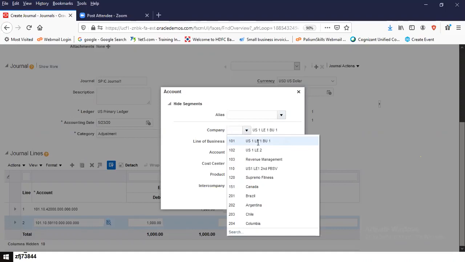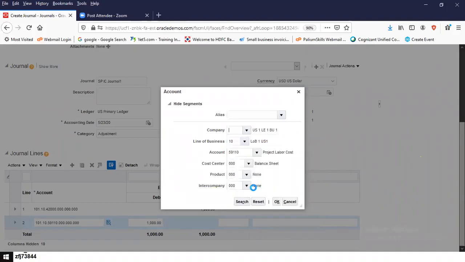Like the other example you were talking about, Oracle US and Oracle India, two different companies. Here I have Colombia, Argentina, Chile, Brazil, Canada. Let's say I want to do a transaction between US and Canada.